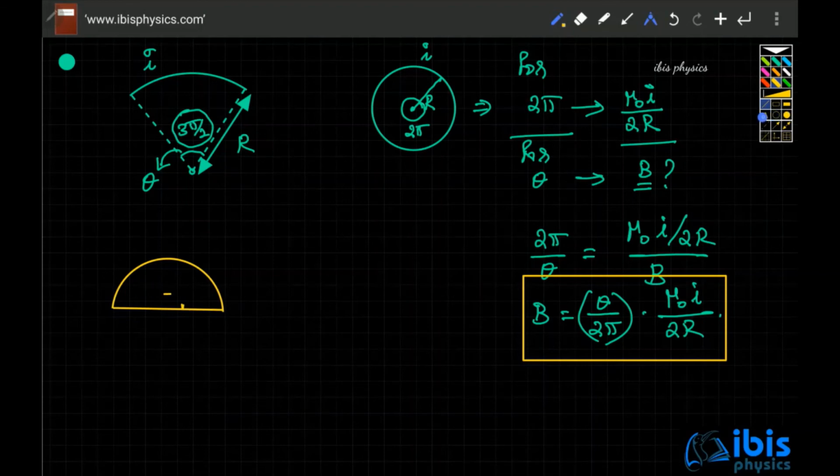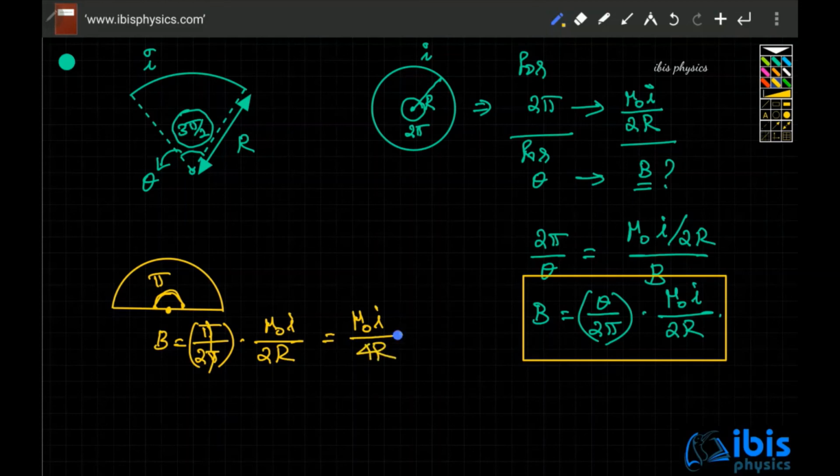If it subtends pi radians at the center, the magnetic field at this point will be theta by 2 pi, because this angle is pi radian, so it is pi by 2 pi into mu naught I divided by 2r, which is equal to mu naught I divided by 4r. It works. So for a full circle it is mu naught I by 2r, and for a half circle it is mu naught I divided by 4r. It is working with this formula.